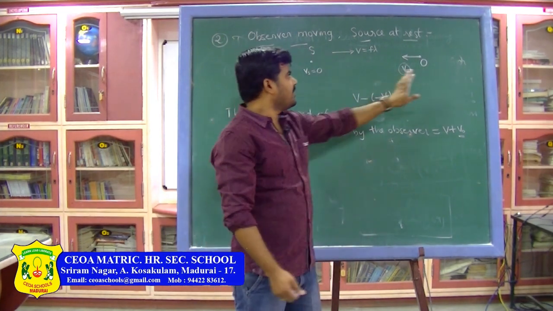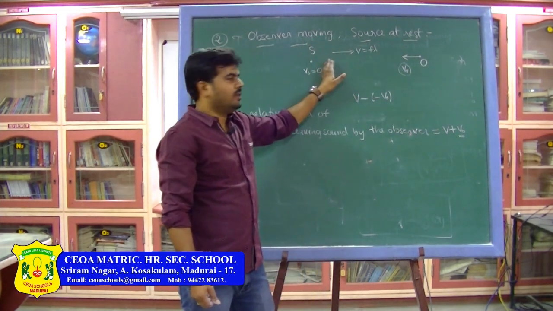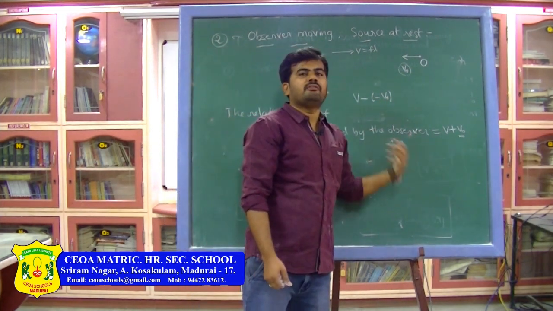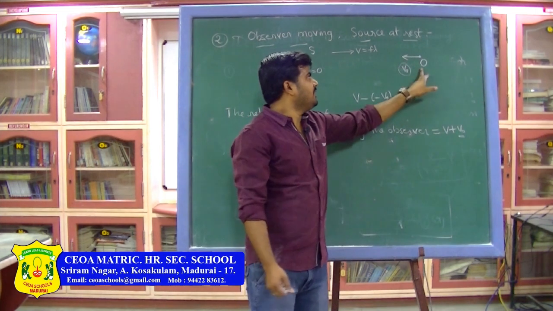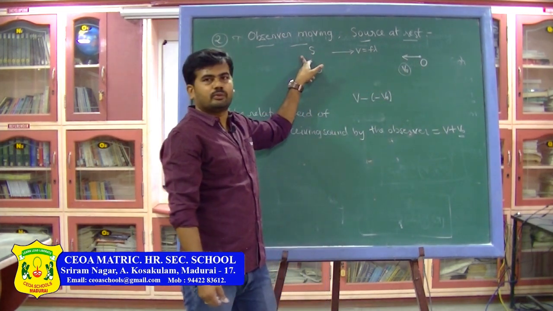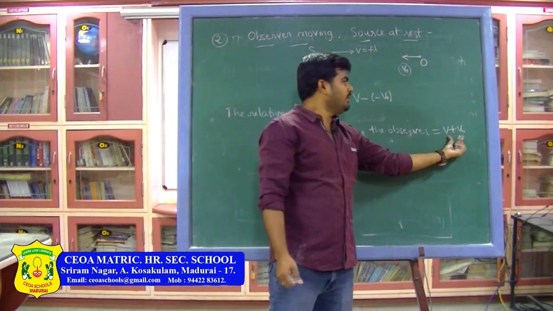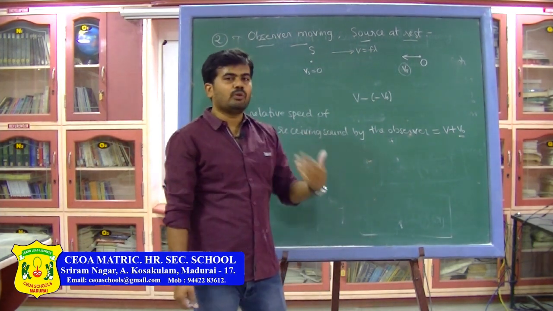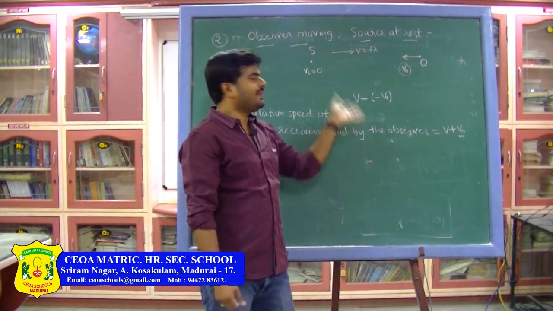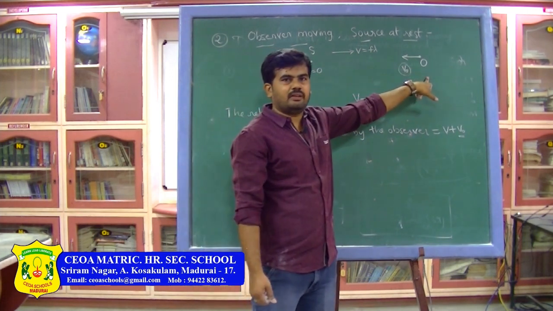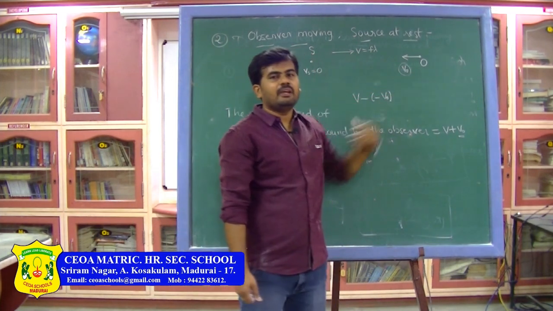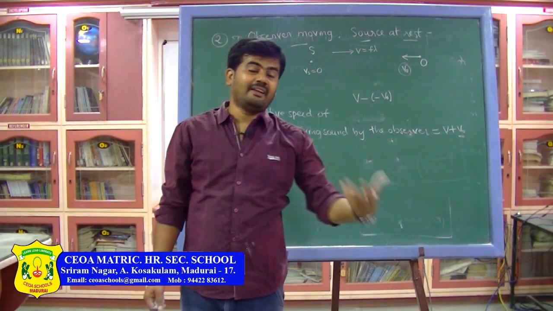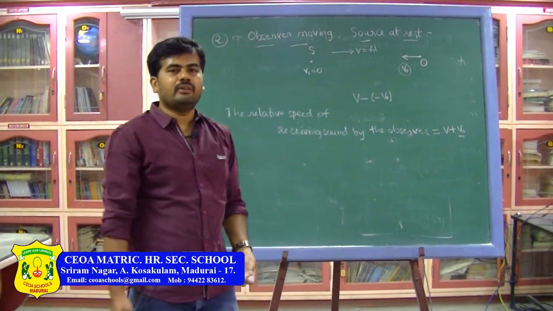If he starts approaching the source, he receives the waves very fast because he is also moving towards the source. That is the relative speed with which the observer is receiving the waves, meaning he will receive the waves more frequently than when he is at rest. That is the reason he receives a higher frequency, and that is what we call the apparent change in frequency of sound.